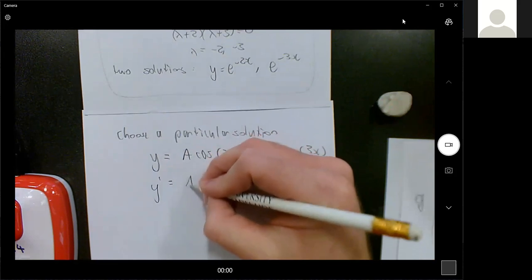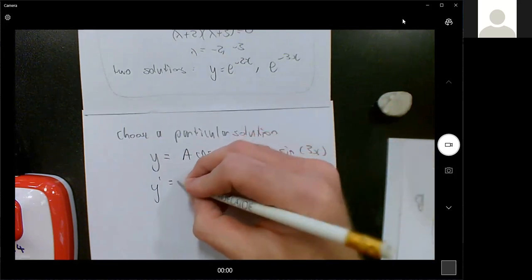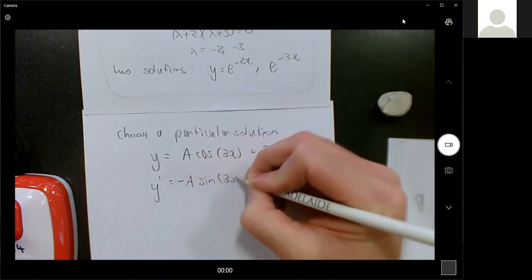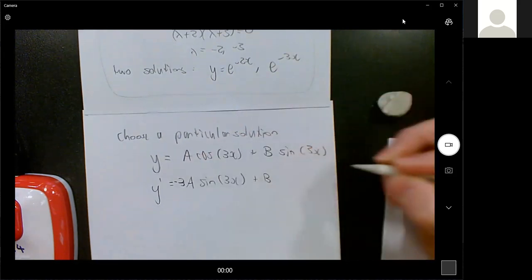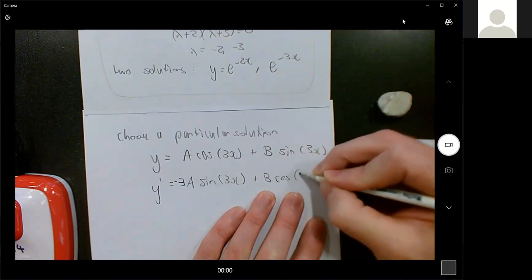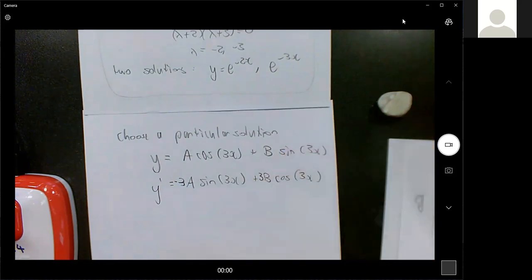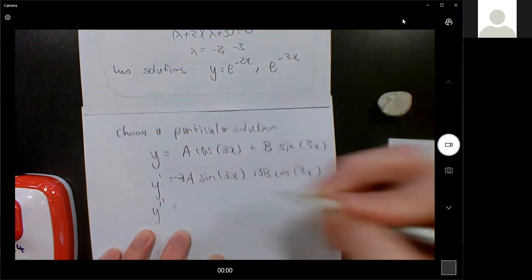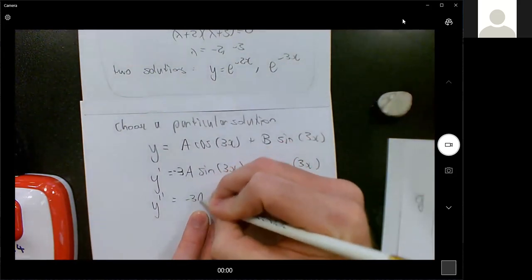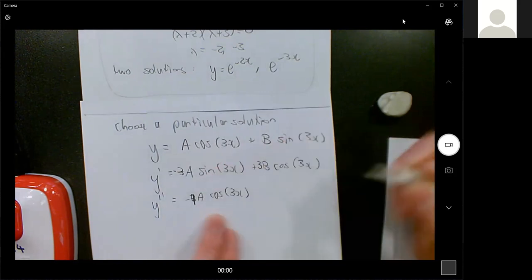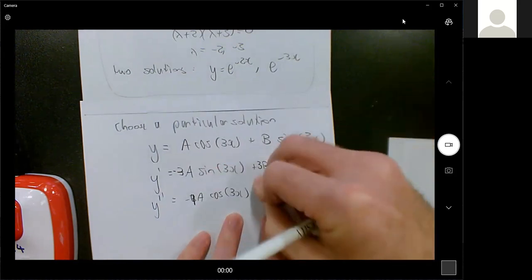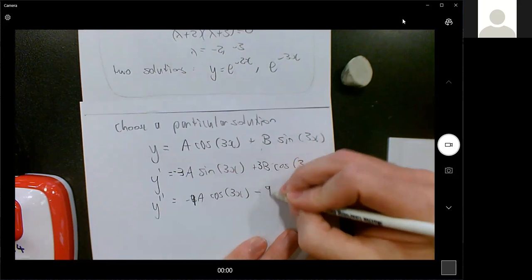So the A will still be there because it's multiplied on, cos will become a minus sine, and the 3 will come out because of the chain rule, and the B is still there because it's multiplied on, the sine will become a cos, and the 3 will come out because of the chain rule. And then y double dash will be minus 3a will still be there, the sine will become a cos, and the 3 will come out, so that'll be a 9 now, and the cos will become a minus sine this time.